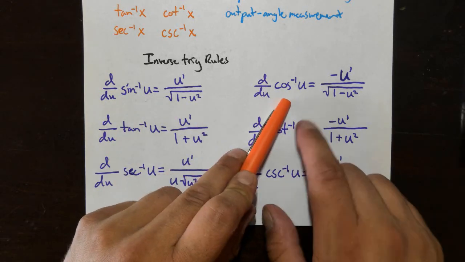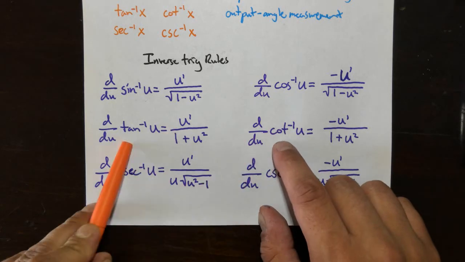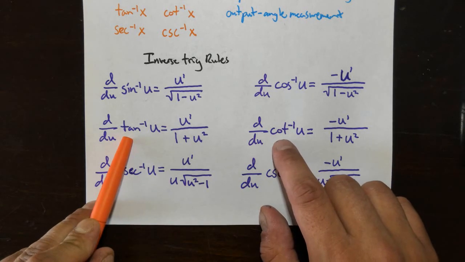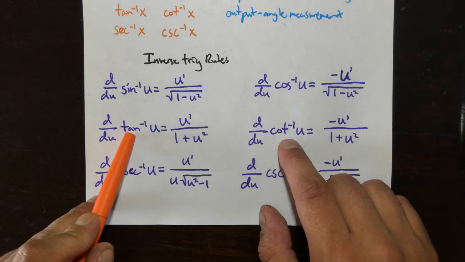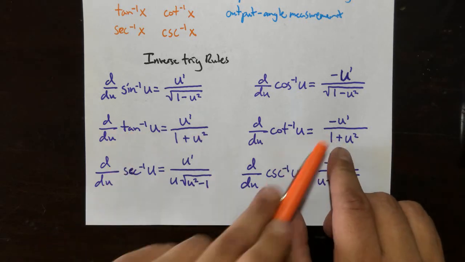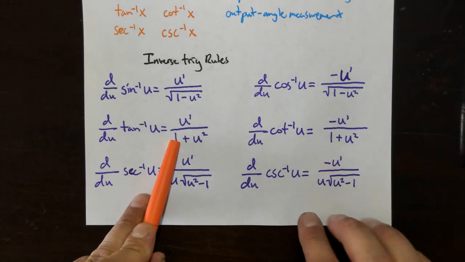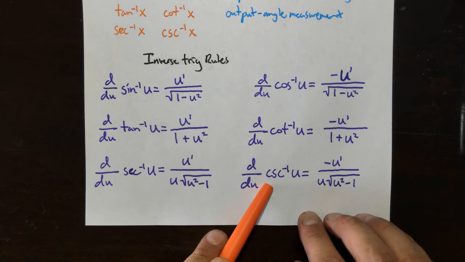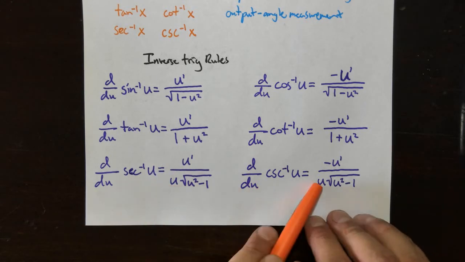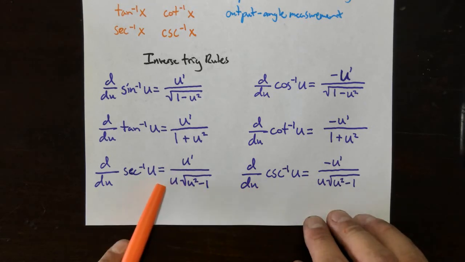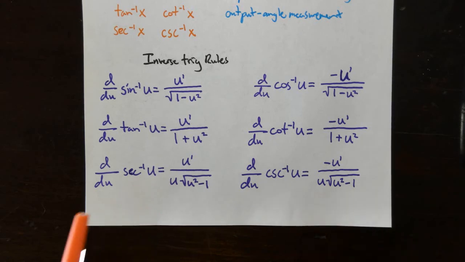It's the exact same thing. And same thing with arc cotangent and arc tangent. The derivative is just negative as opposed to a positive here. And the same thing with arc cosecant and arc secant. This is just the negative version of this. So keep this handy, and we will use it as we go through today's lesson.